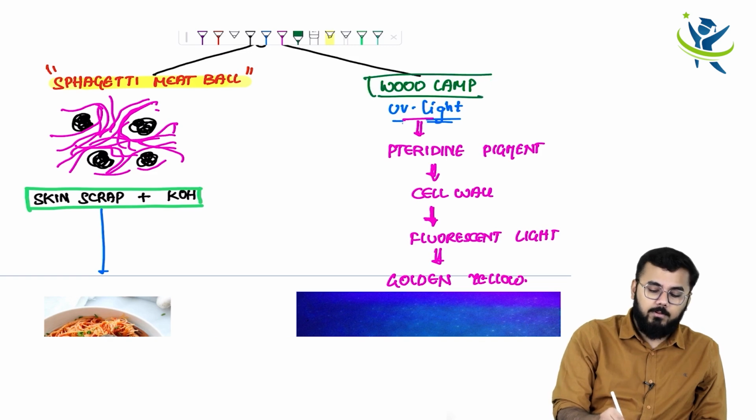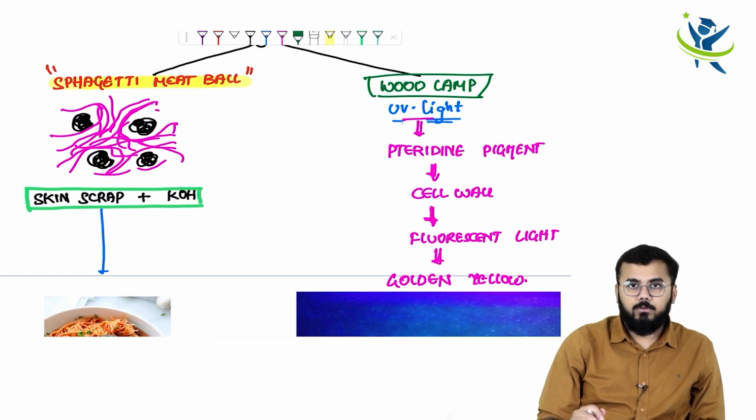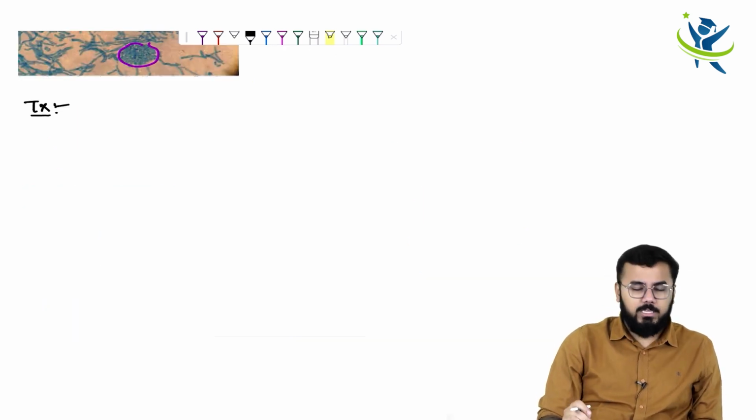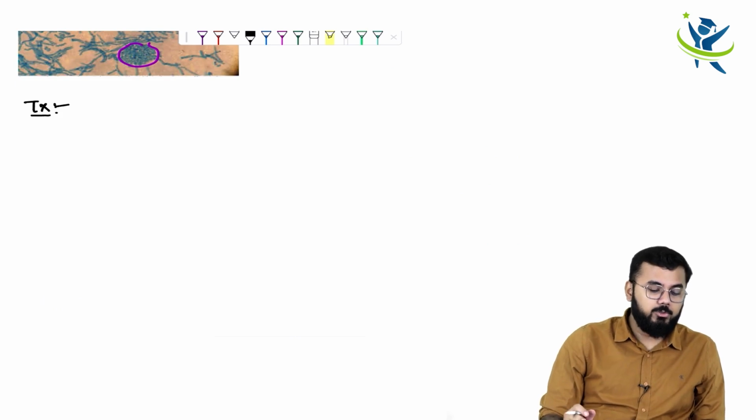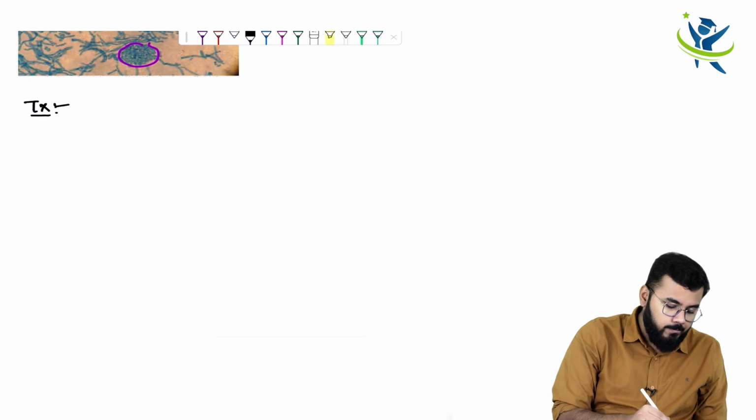So one test where you use KOH is where you find the spaghetti meatball appearance, right? And the other one is your Wood's lamp test. Okay, the treatment which you give here is that we tell the patient to use a shampoo that is comprised of 2.5% selenium sulfide.